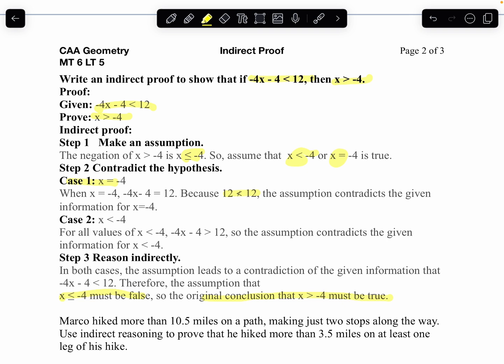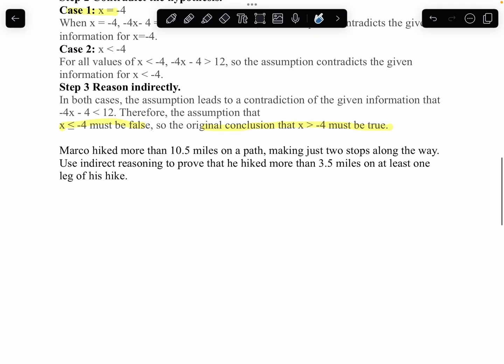Now let's do one, clear as mud. Let's do one together. It's not a total mathematical proof, it's more an application. So if we read this, Marco hiked more than 10 miles on a path, making just 2 stops along the way.